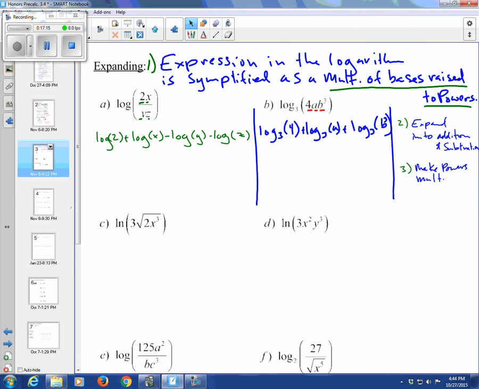Now I could represent that 4 as 2 squared. So in my next step I might say log base 3 of 2 squared, plus log base 3 of a, and then plus log base 3 of b to the third.